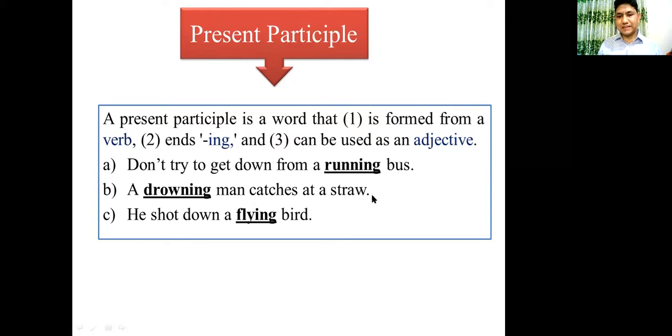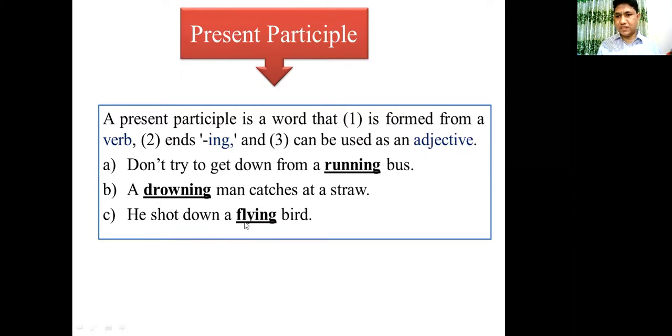A droning man catches at a straw. Here, drone is a verb. When -ing is used, it becomes droning and it serves as a present participle. Man is a noun. Here, droning modifies man. He shot down a flying bird.